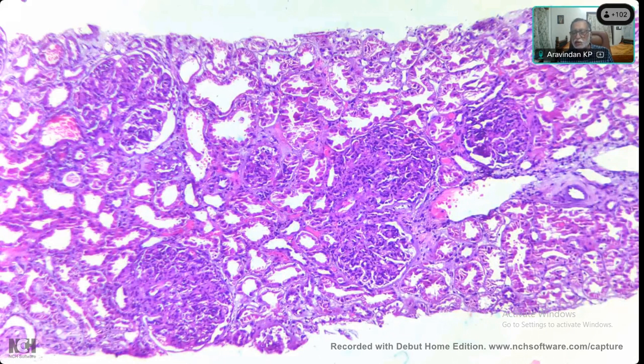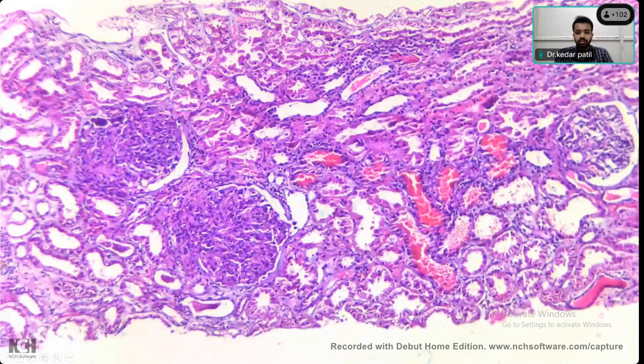Again, you see this same picture. Endocapillary infiltration. See, the whole thing looks really solid. It looks solidified, more or less.